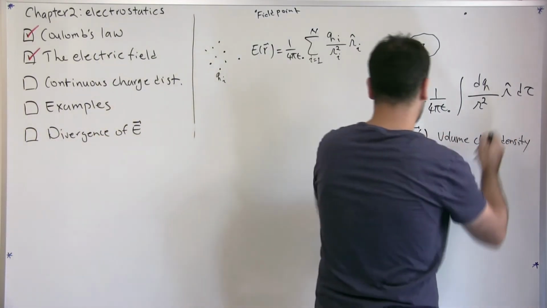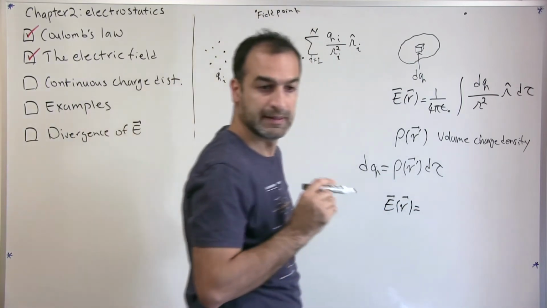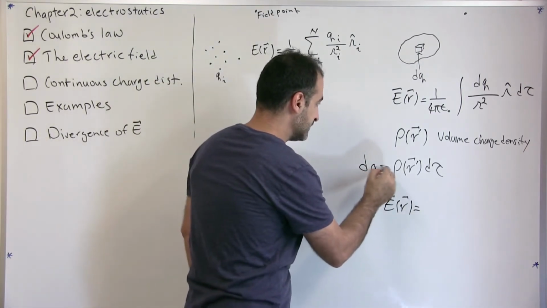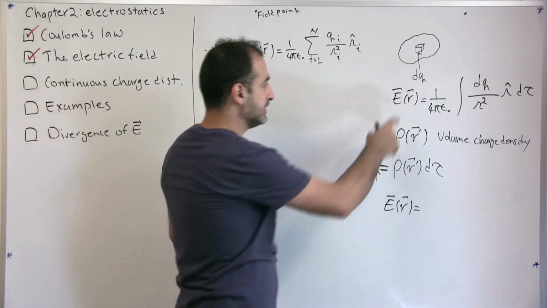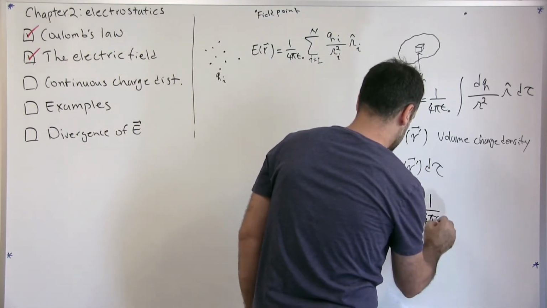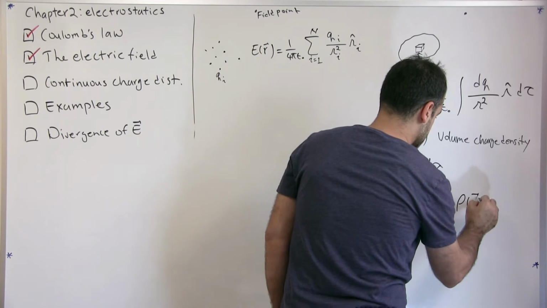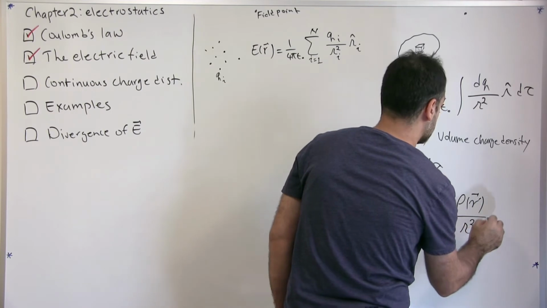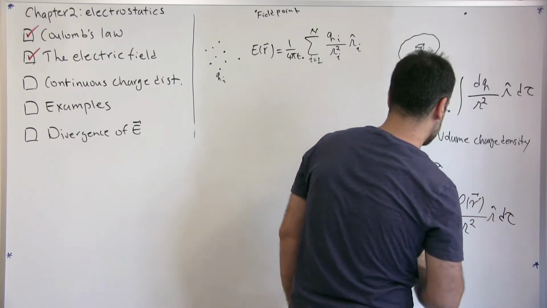So this can be rewritten. What is it that you wrote before, charge density? This is dq. No, at the top. Volume charge density. Volume. Thank you. Okay, and then this can be rewritten in terms of rho of R prime as 1 over 4 pi epsilon 0 times the integral of rho(R prime) divided by the separation vector square times R hat d tau.